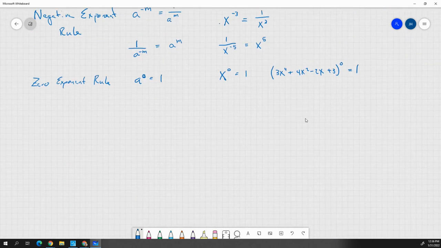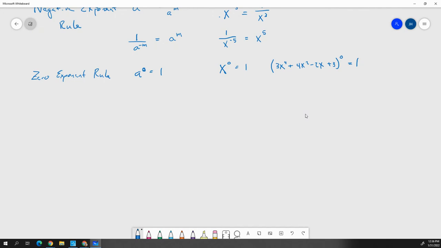All right. So if I have, for example, 5x squared times negative 7x to the 6th, following those rules, this is my a to the power of m. We're just multiplying these, so all we're going to do is add the exponents.